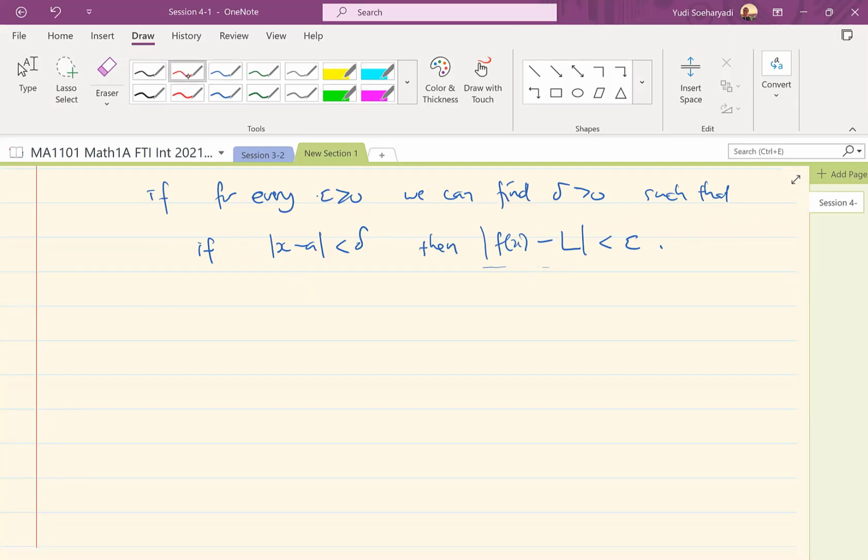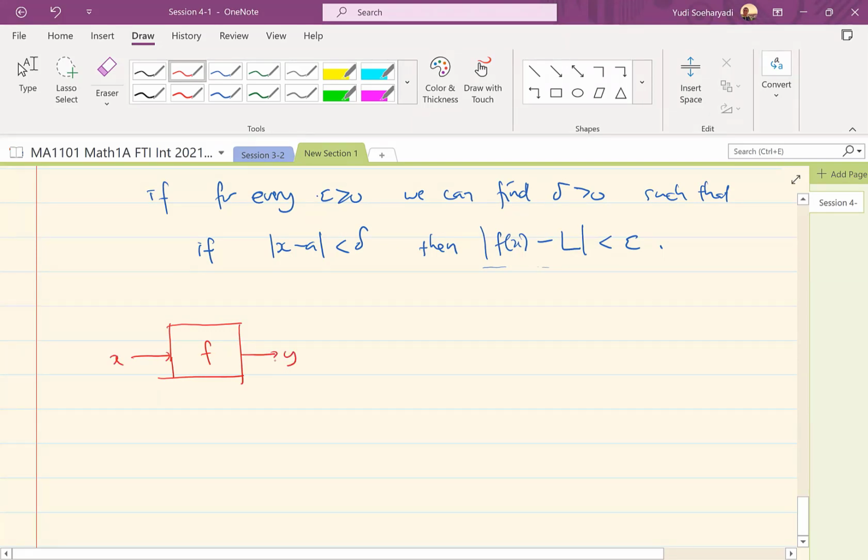Okay, so what I mean is that from the error of y measurement we can determine the error of x measurement.